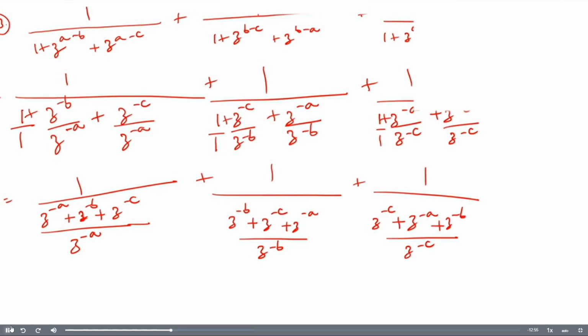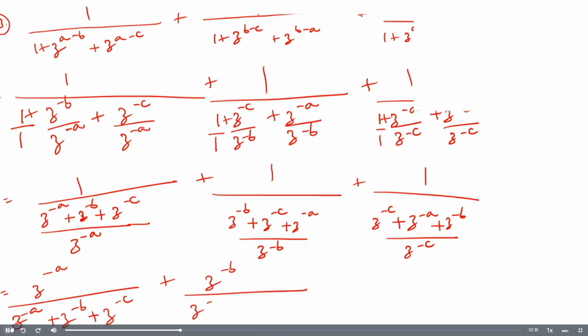So if you want to simplify this further, this will be z to the power minus a by z to the power minus a plus z to the power minus b plus z to the power minus c, plus z to the power minus b by z to the power minus a plus z to the power minus b plus z to the power minus c, plus z to the power minus c by z to the power minus a plus z to the power minus b plus z to the power minus c.